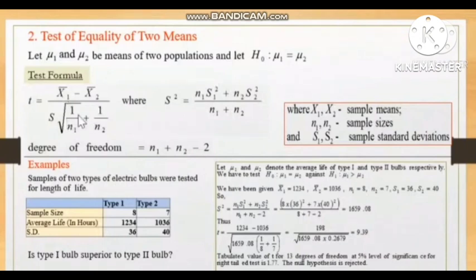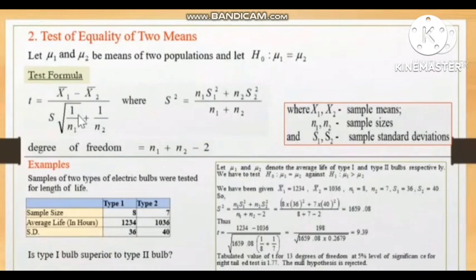And here, we should remember that in this case the degree of freedom is N1 plus N2 minus 2. So you see, the degree of freedom is important and we should remember it.